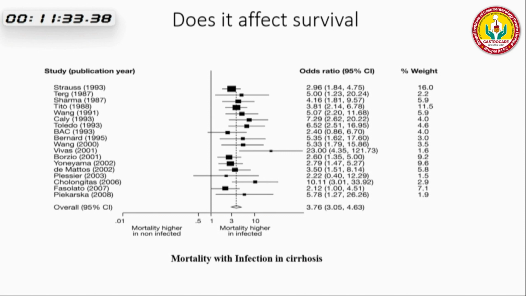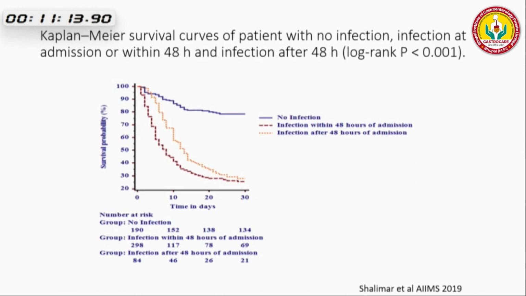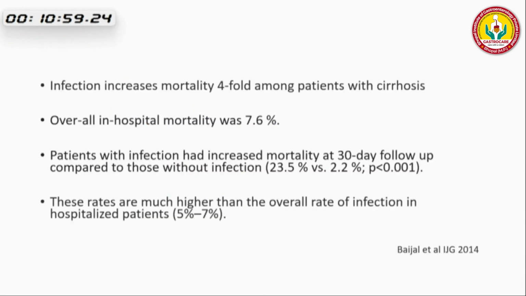Does it affect survival? Yes, it definitely affects survival. There is a significantly increased mortality among cirrhotic patients with infection. These are all trials from way back, 1993 to 2008. All suggest that patients of cirrhosis with infection have significantly higher mortality as compared to patients who do not have one. This study from AIIMS clearly suggests that those patients who do not have an infection have an increased survival as compared to those patients who have infection at admission or who develop infection within 48 hours of admission.